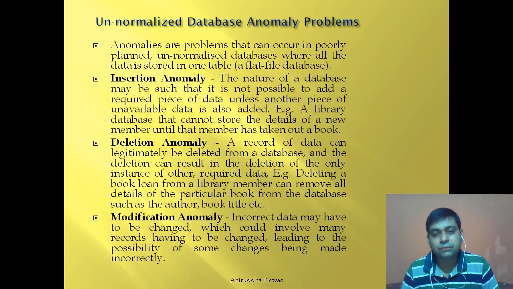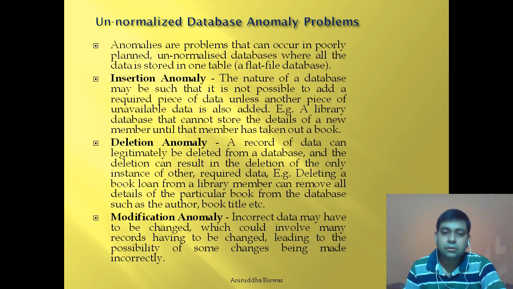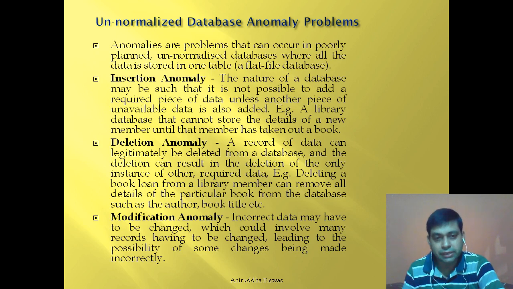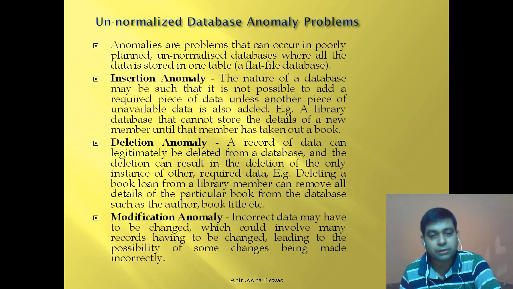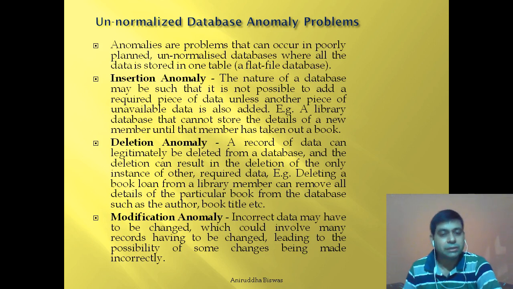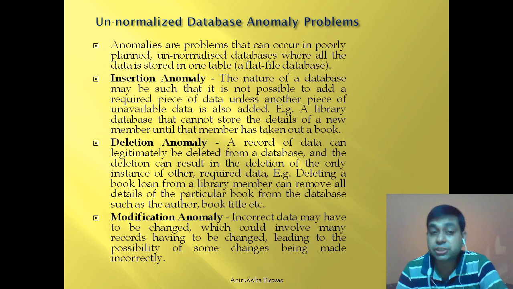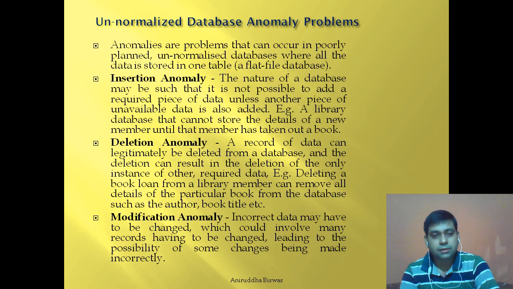So what will happen if we remove one book? I actually want to remove the borrowing of one book, but if everything is stored in a single table, then deleting that will lead to a problem that the entire book will be removed from the database, along with all details of the book, like author name, title, etc., right? So this is a deletion anomaly problem that could occur because of the unnormalized database.